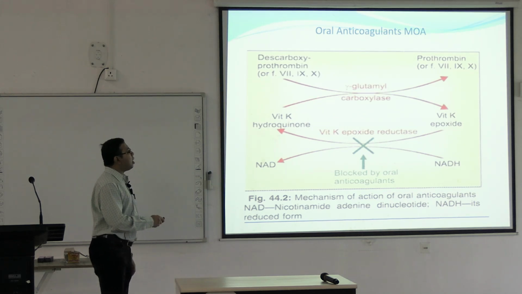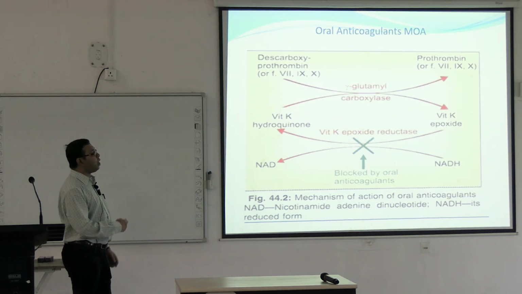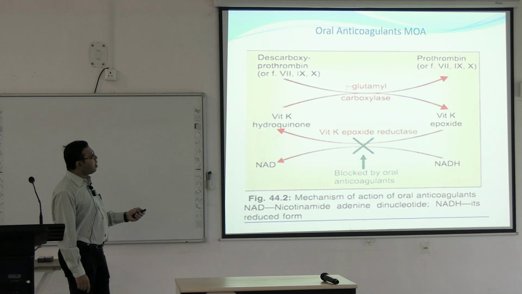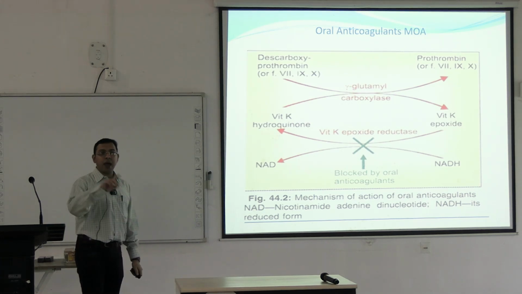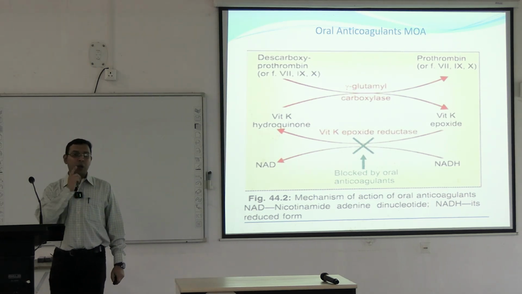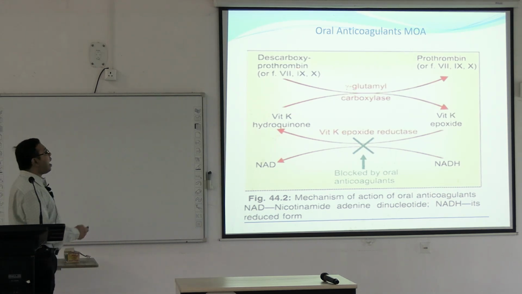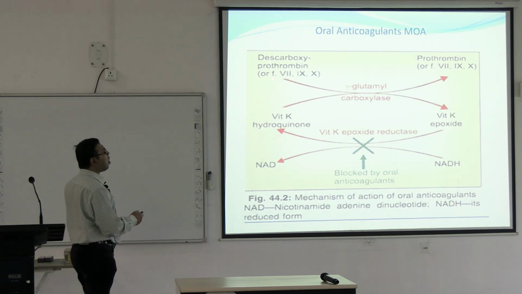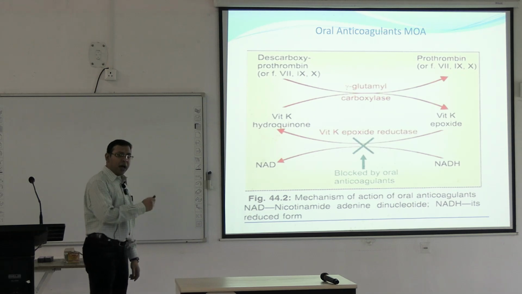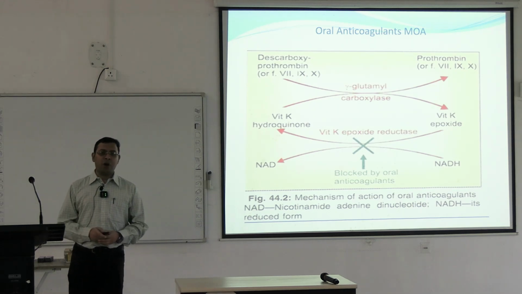So vitamin K epoxide is converted to vitamin K hydroquinone, and again it is converted to vitamin K epoxide, and this conversion goes on. When this vitamin K hydroquinone is converted to vitamin K epoxide by means of the gamma glutamyl carboxylase, the non-active descarboxy prothrombin or factor 7, 9, 10, they are converted to its active moiety.